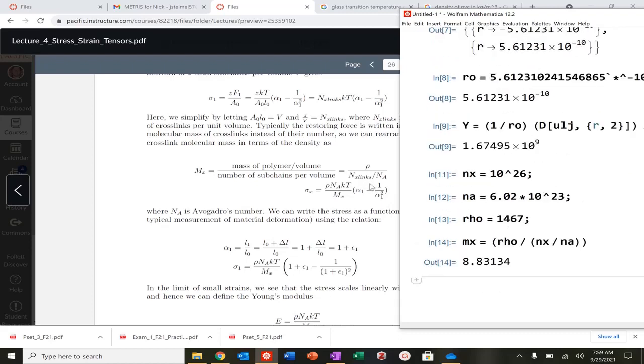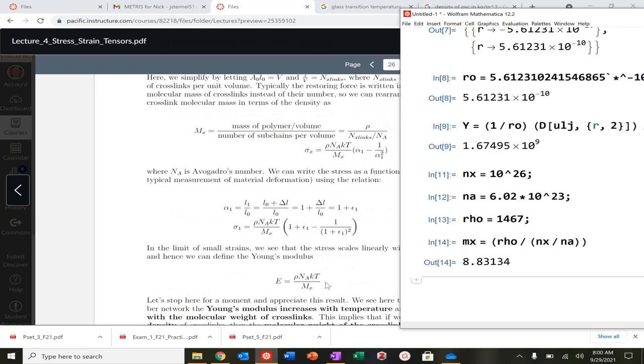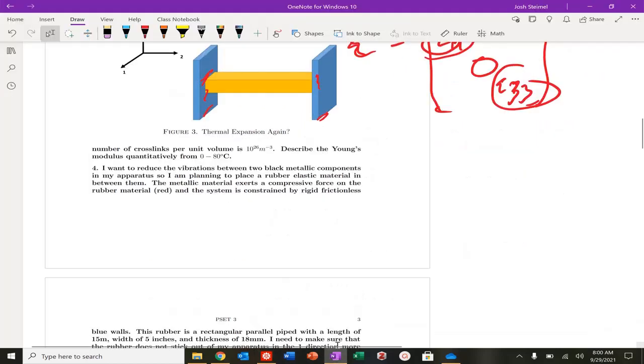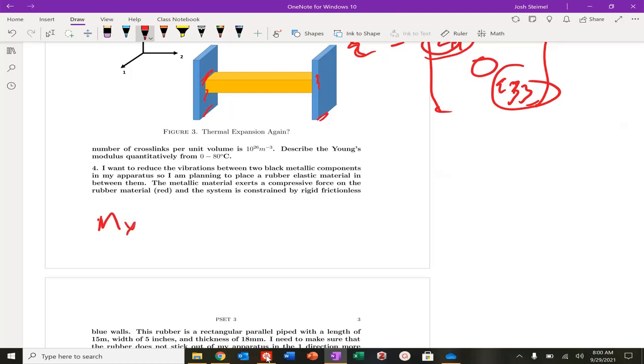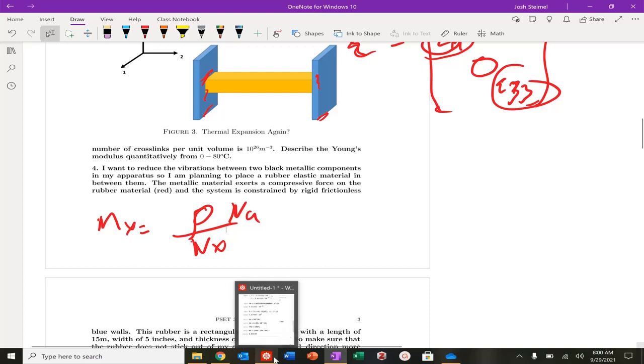You could also see that if I rewrite this, the Young's modulus is just, so let's go ahead and write this out. If my mx equals rho over nx Na, I could rewrite this mx expression as well.